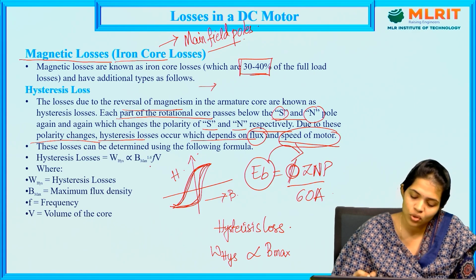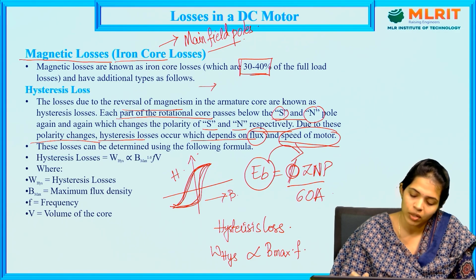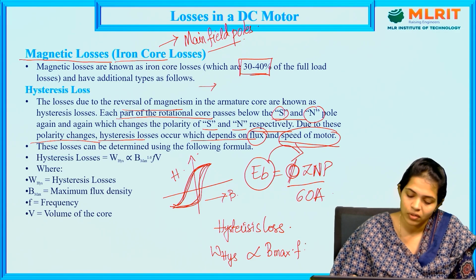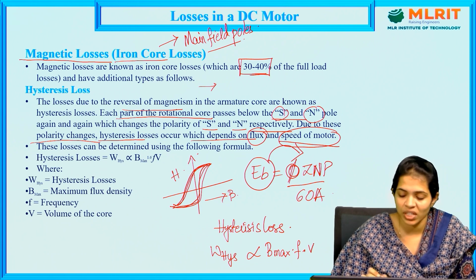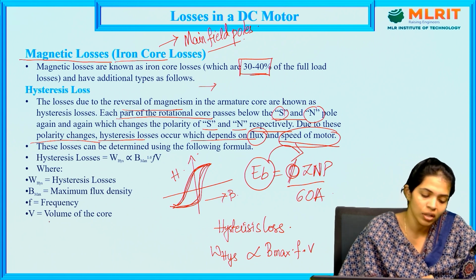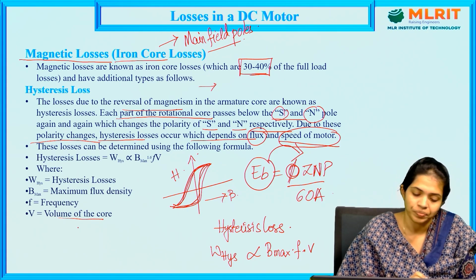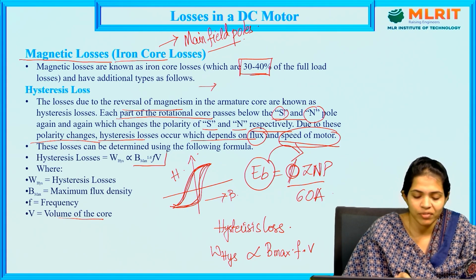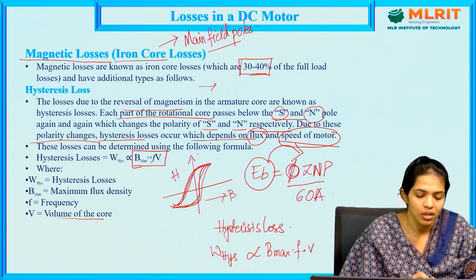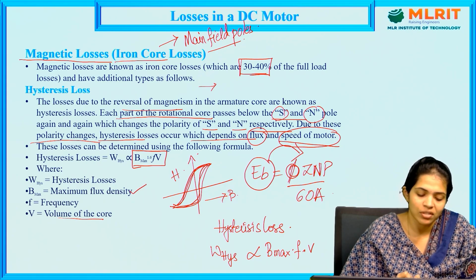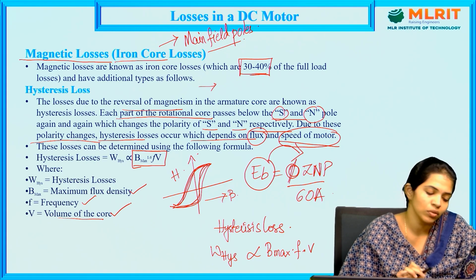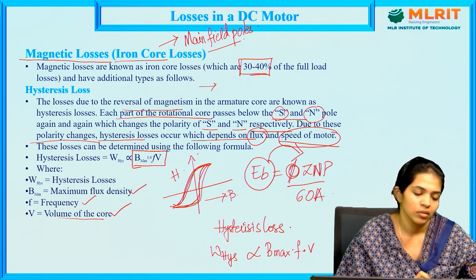It is also dependent on the frequency of the alternating quantities in the commutator, and on V, the volume of the core. So the dependent factors of the hysteresis losses are the magnetic flux density, frequency and volume of the core.